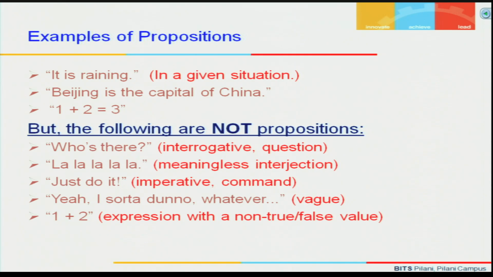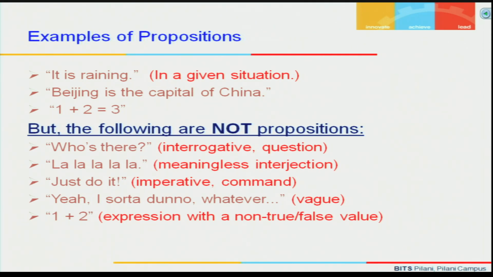Beijing is the capital of China. This is very much a declarative statement, and the truth value of this statement happens to be true, hence this is a proposition. It doesn't mean that if the truth value of a statement is false, that particular sentence is not a proposition. For example, if I say Mumbai is the capital of India, this is a declarative statement. There is no vagueness in it.